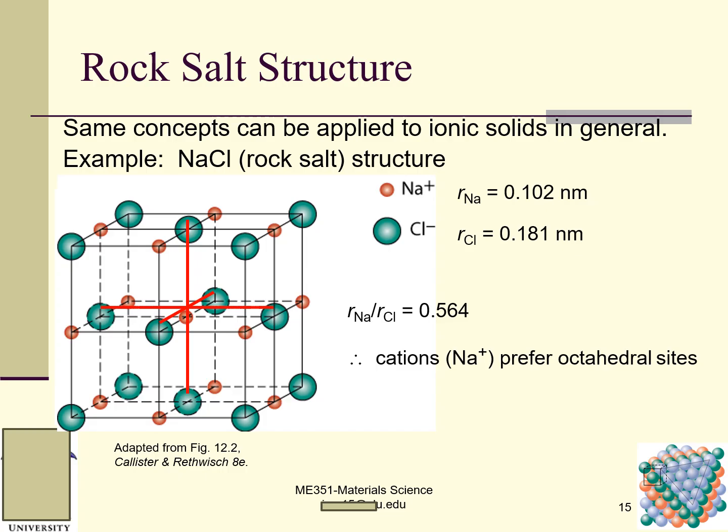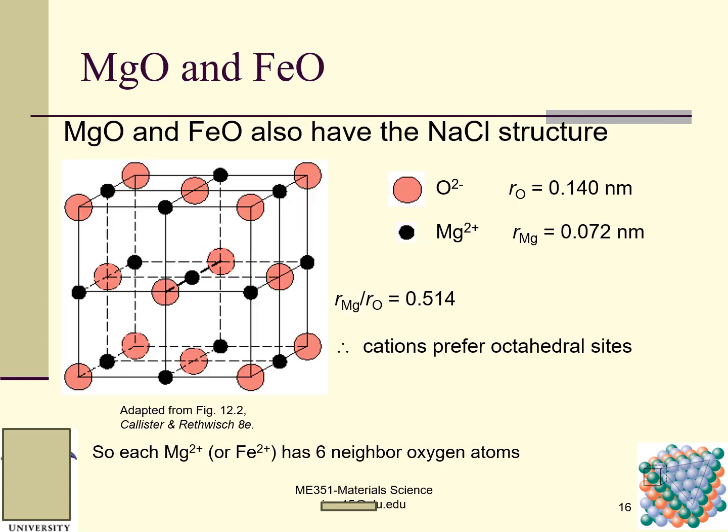Then we get this ratio of these two. So we know the Na cation prefers octahedral sites. We have this called rock salt. And other oxides, magnesium oxide and iron oxide, also have the NaCl structure.